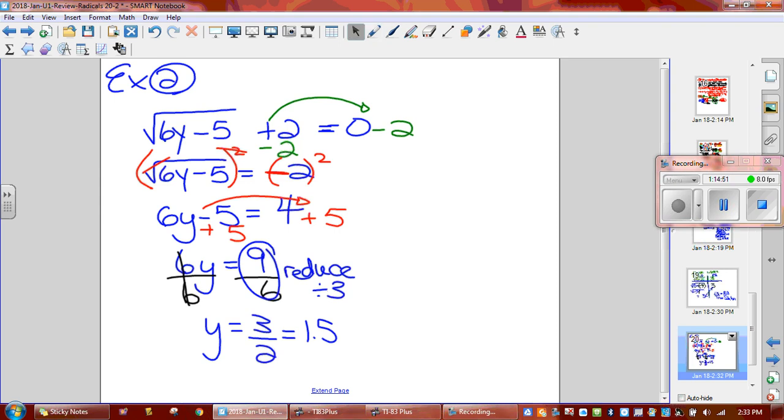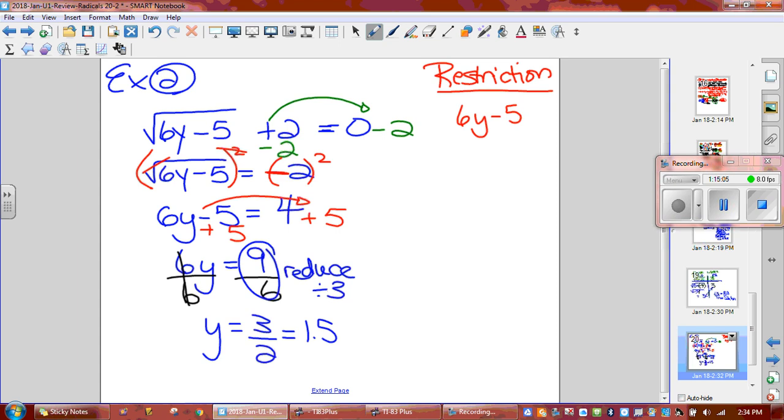We're going to get 6y is greater than or equal to positive 5. Now we're going to divide out the 6. So this is telling us the condition that y must be greater than or equal to 5 over 6. Okay, that's our condition. Well, we got an answer that's bigger than 5 over 6. We have 3 over 2, 1.5, so we met the condition.